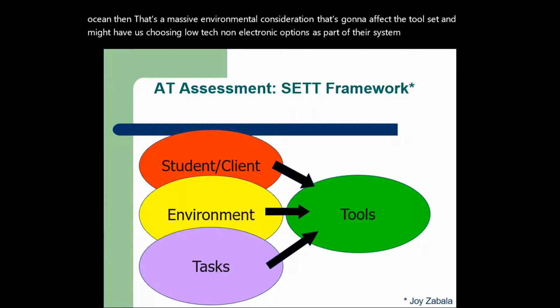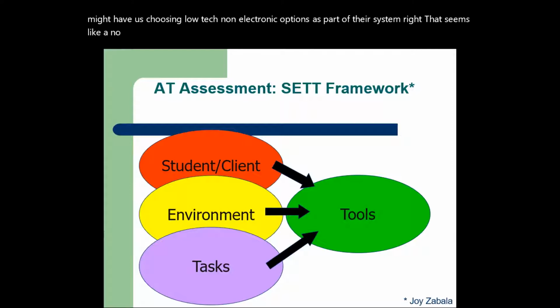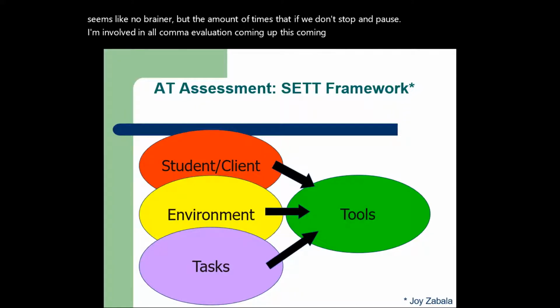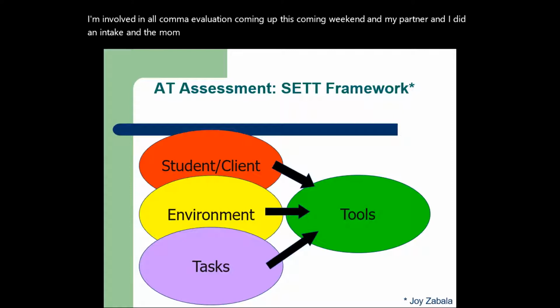That seems like a no-brainer, but the amount of times that if we don't stop and pause... actually, I'm involved in an AAC evaluation coming up this coming weekend, and my partner and I did an intake, and the mom talked about not wanting any device that has Bluetooth or Wi-Fi that can't be turned off, right?